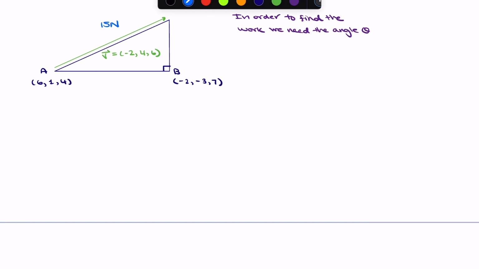When we look at the magnitude of our vector, it's going to be x squared plus y squared plus z squared. So that's going to be 4 plus 16 plus 36, which is equal to square root 56. And we see that our force of 15 newtons is a scalar multiple of the vector.